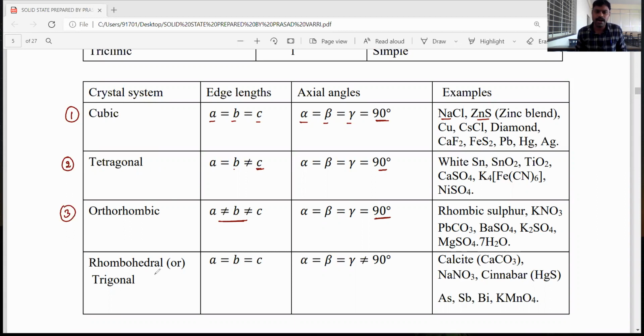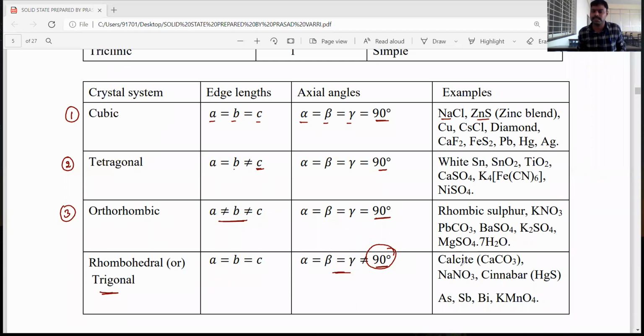And rhombohedral or trigonal crystal system. Their edge lengths are equal, but angles are not equal, means the edges are not exactly perpendicular with each other. Alpha is equal to beta is equal to gamma, but they are not equal to 90 degrees. Not equal to 90 degrees means maybe more than 90 or less than 90, dear students.